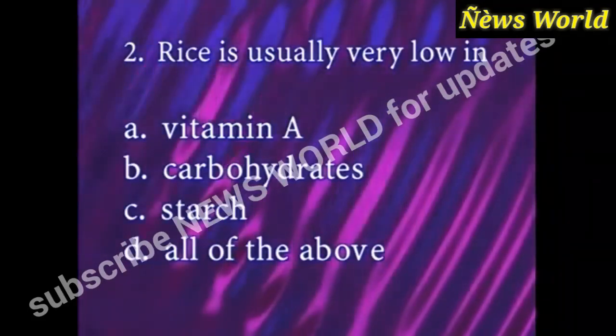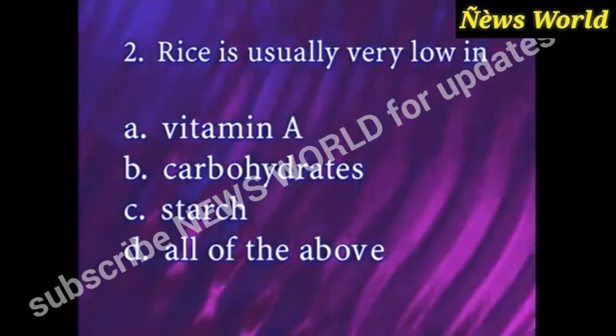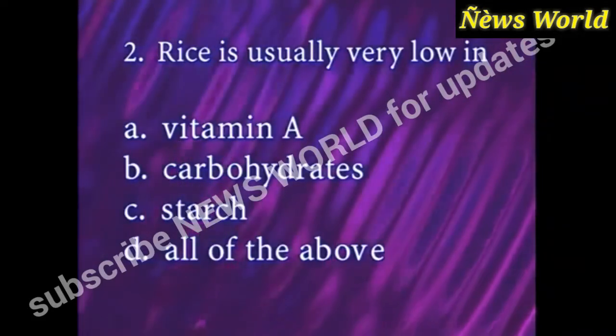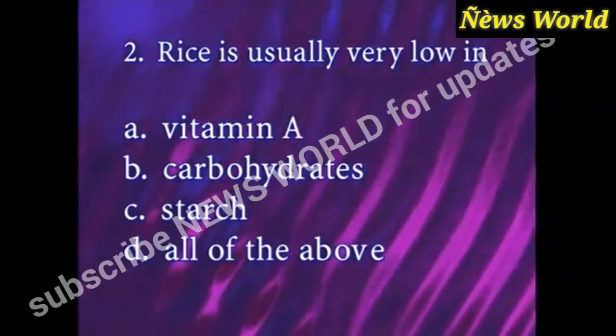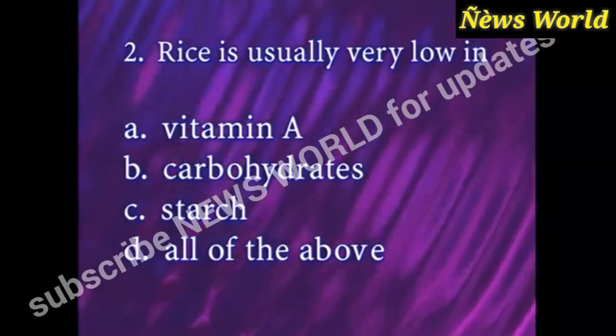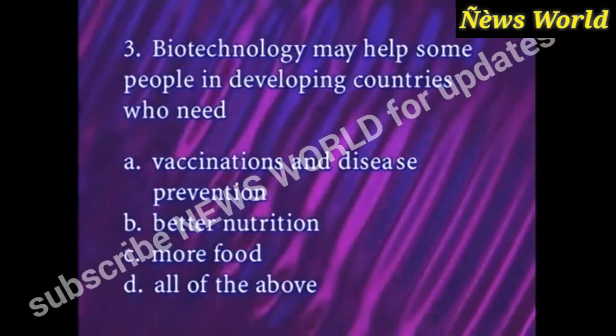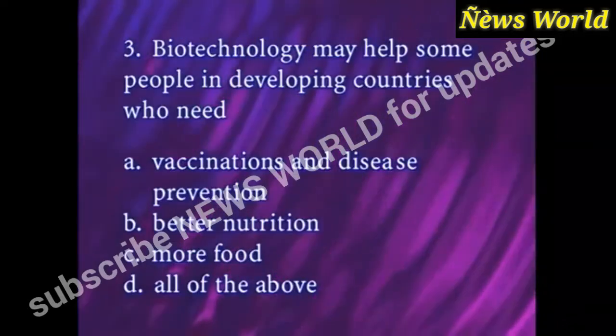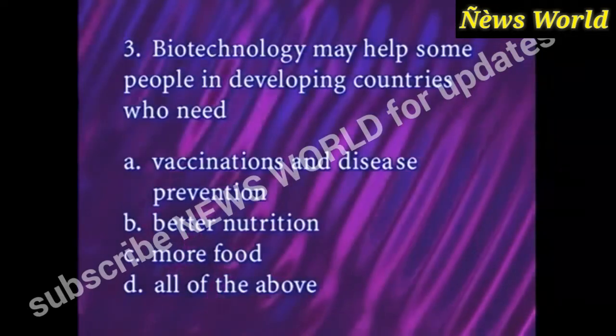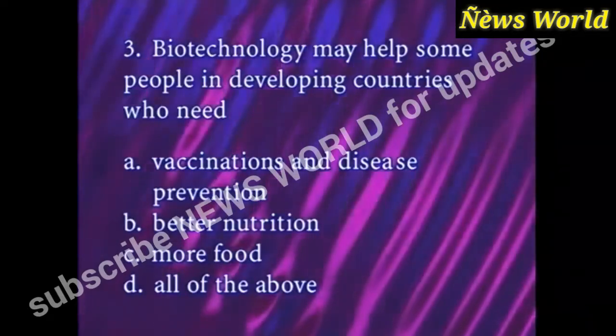Rice is usually very low in A. Vitamin A, B. Carbohydrates, C. Starch, D. All of the above. Biotechnology may help some people in developing countries who need A. Vaccinations and disease prevention.